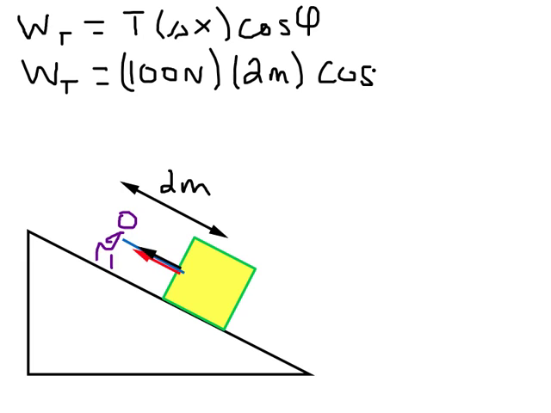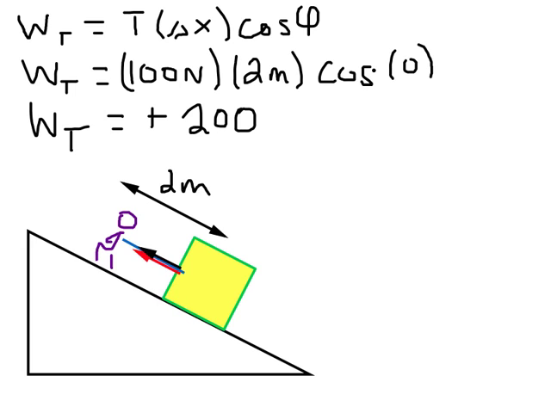The angle between those two vectors is 0. And so we're taking the cosine of 0. So the work done by tension here, we have 100 newtons times 2 meters times the cosine of 0, which is 1.